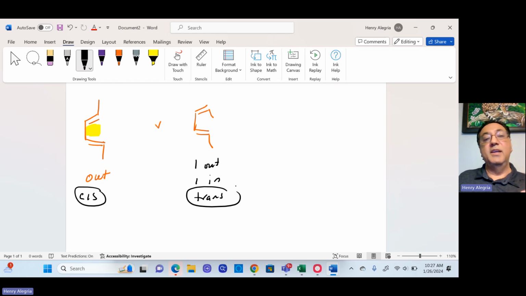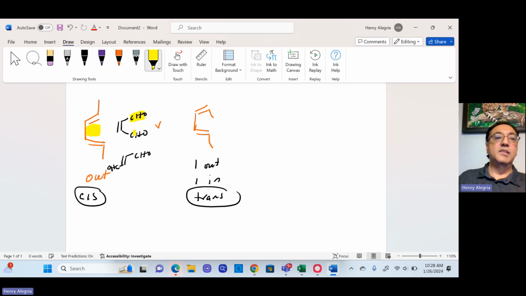But now imagine I'm looking at cis and trans for these, and cis and trans for the dienophile. The question is, what's the relationship of these substituents relative to the substituents on the dienophile? In other words, what if this one reacted with the cis here versus the trans here? If these have to end up being cis to each other, and these have to end up being cis to each other, then what's the relationship between that and that, and that and that?